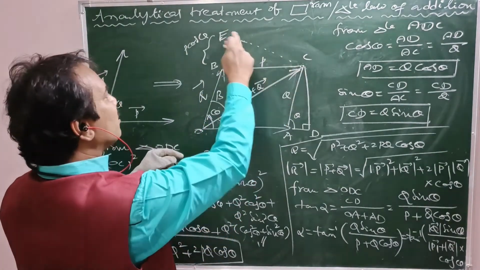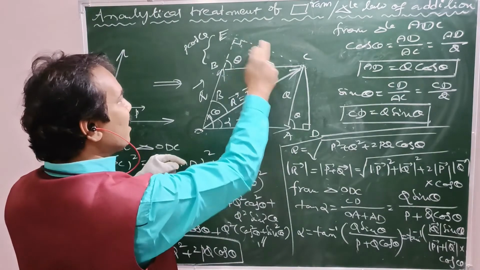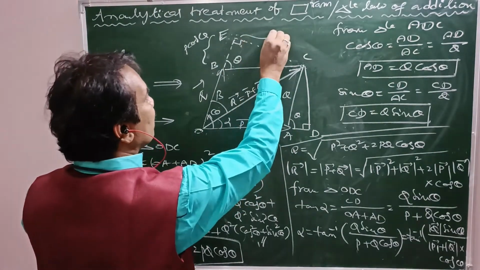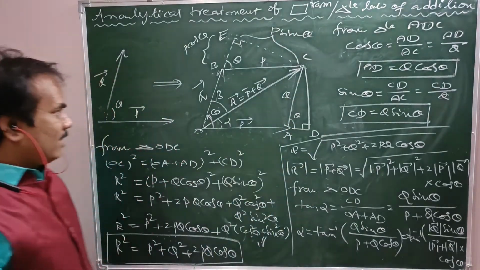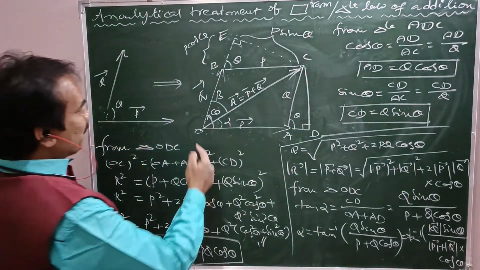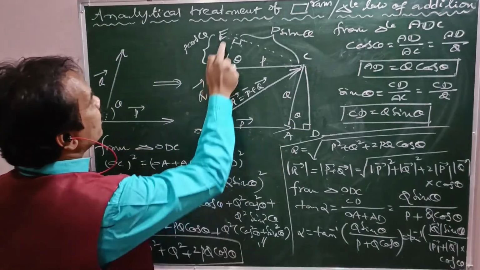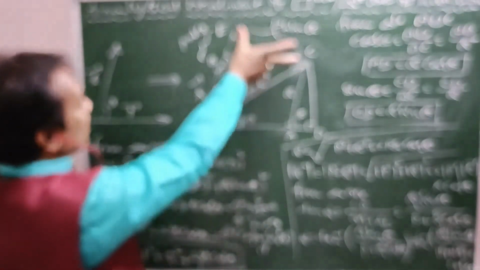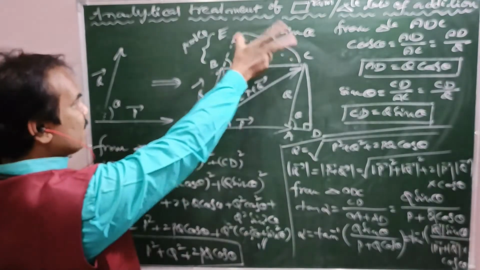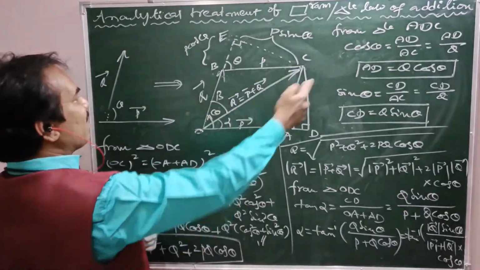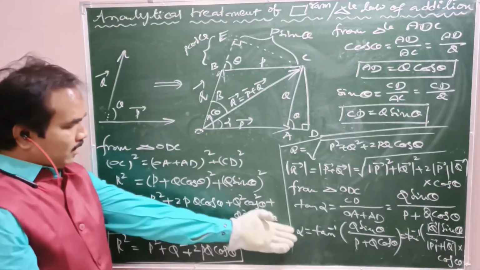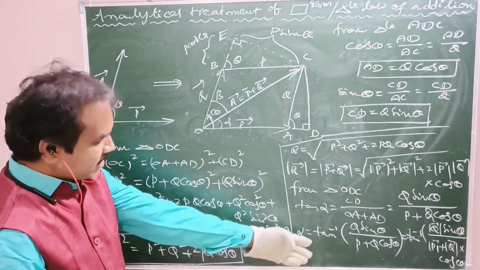As this is the opposite side with respect to this angle, definitely this becomes P sin theta. P sin theta. Am I right? So as far as the right angle triangle OEC is concerned, this side becomes the opposite side, this side becomes the adjacent side. So take tan beta in this right angle triangle to get beta as in the previous case.